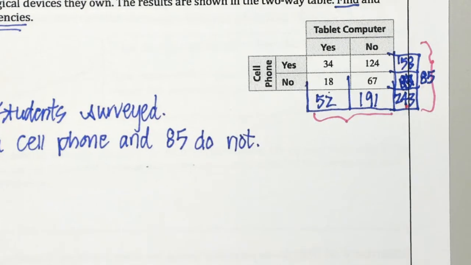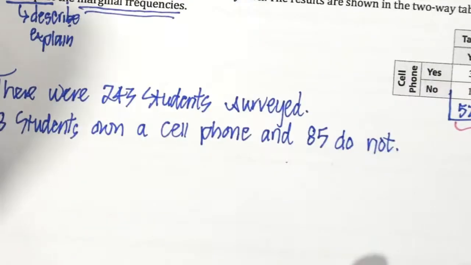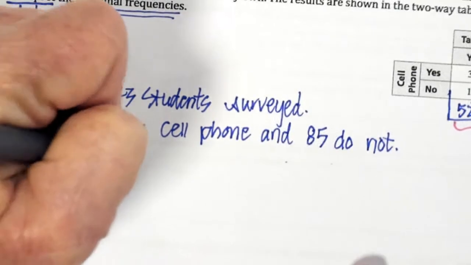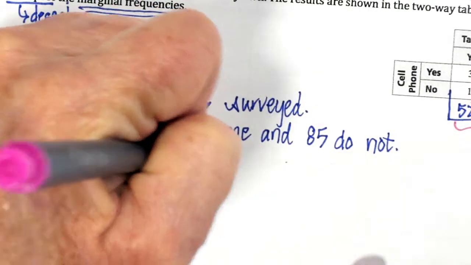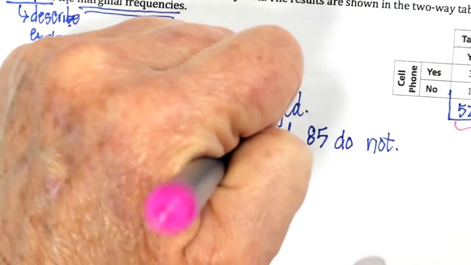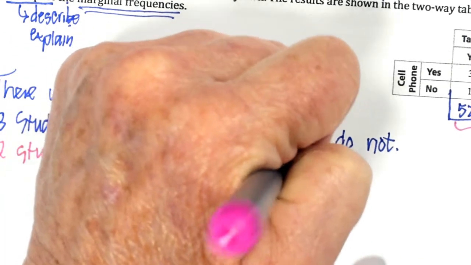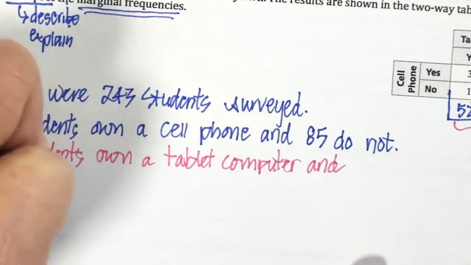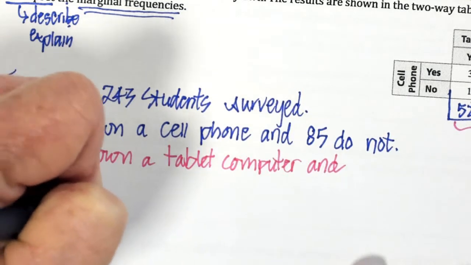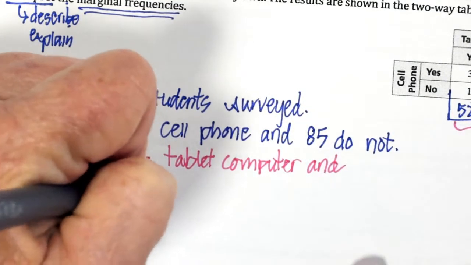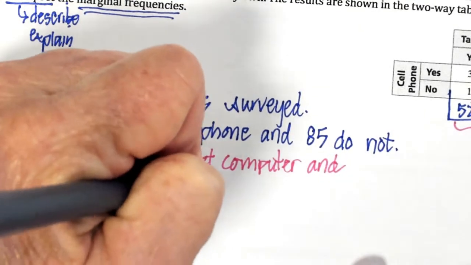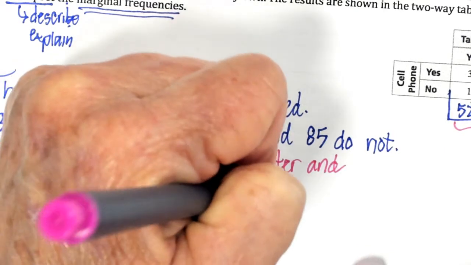computer. So what I'm going to do is state that 52 students own a tablet computer, and 191 students do not own a tablet computer.